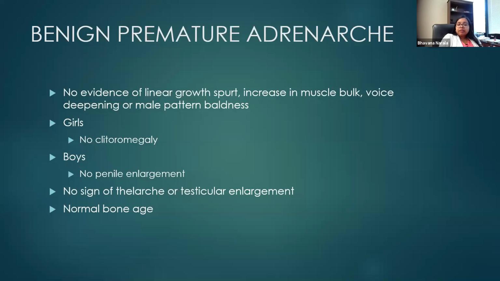If you're seeing any of those, you're probably dealing with something more organic, like an adrenal tumor or non-classical congenital adrenal hyperplasia. They also should not have any sign of thelarchy or testicular enlargement. These children usually have a normal bone age, which is either completely normal or could be 1 to up to 2 years advanced, but it's not significant.